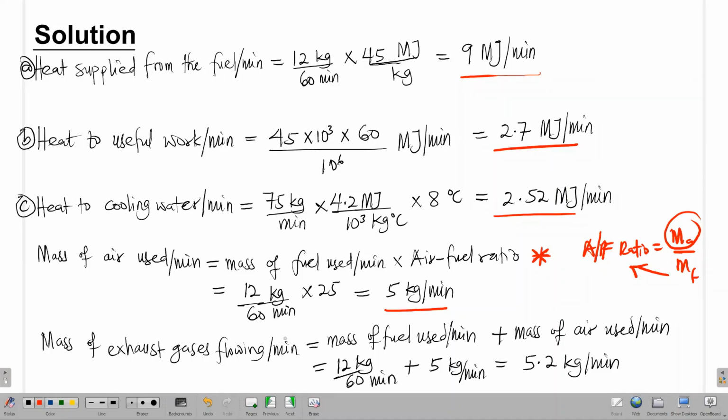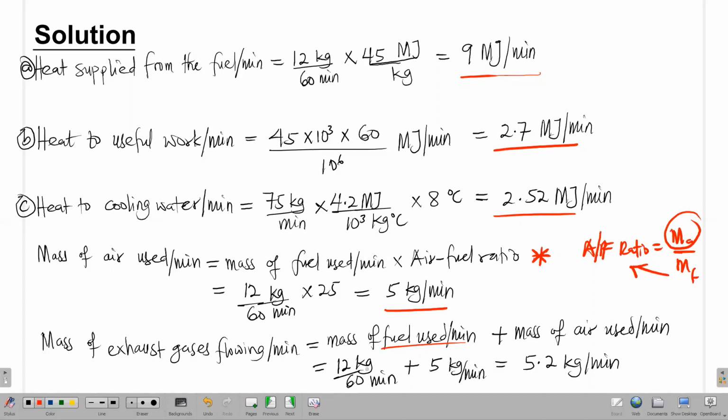Then the mass of exhaust gases flowing per minute will be equal to the mass of fuel used per minute, which we've just calculated, plus the mass of air used per minute, which we've just calculated.